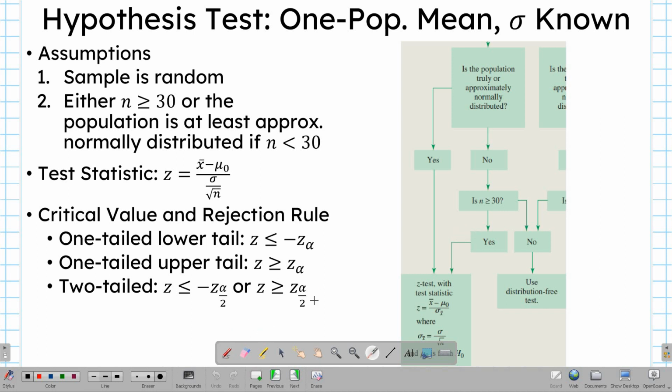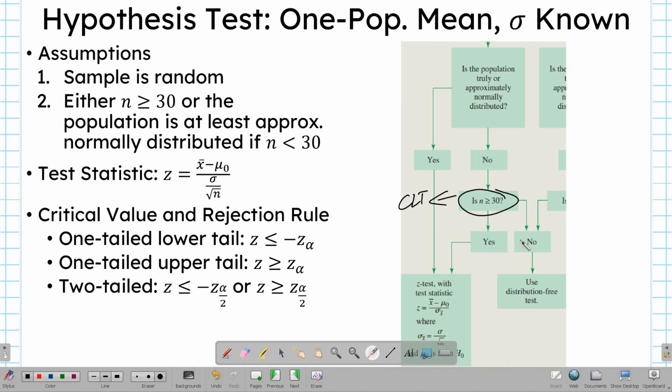If it is, then this will follow our central limit theorem, which states that as long as the sample size is large enough, the sampling distribution will be approximately normal, and that's enough, even though the actual population is not truly or approximately normally distributed. However, if the sample size is smaller than 30, we cannot use the one population z-test.